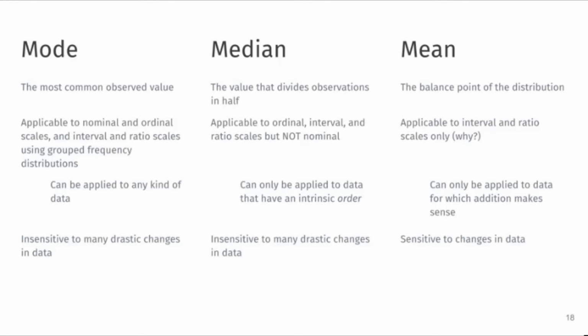The mean, on the other hand, is extremely sensitive to changes in data because, as I've been trying to emphasize all day, the mean uses every single observation when you're computing it. You have to add together every single observation that you've got, whereas the median or the mode doesn't depend on every single observation, only on the ones that are either the most common or the ones that define the midpoint of the data.